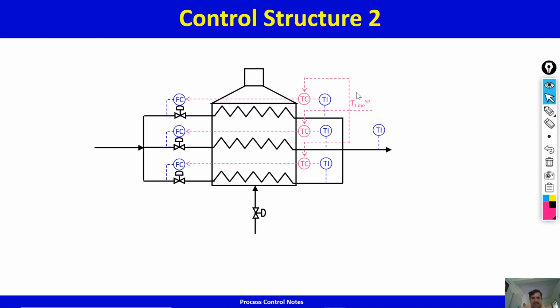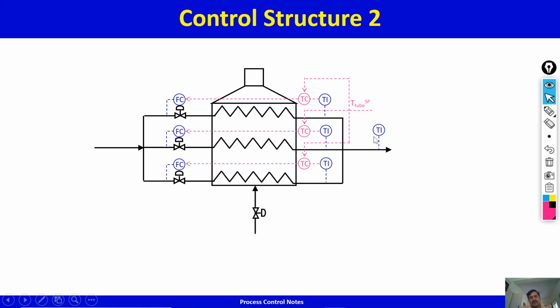Now I've got two options. One option is that T tube set point can be adjusted for outlet temperature control of the mixed outlet stream, and then production throughput, total flow rate, is controlled by adjusting the heating rate.